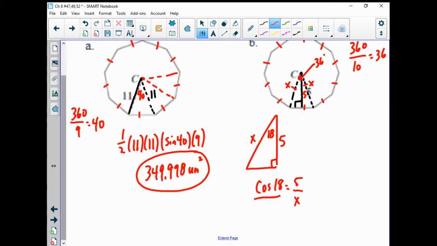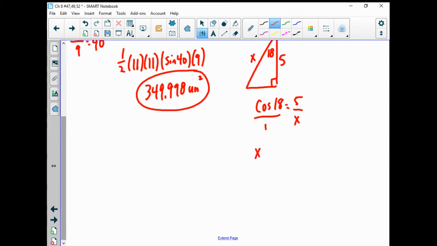So if I put that over 1, I have x times the cosine of 18. That's equal to 5. And I can divide by the cosine of 18. So 5 divided by the cosine of 18 is 5.26.